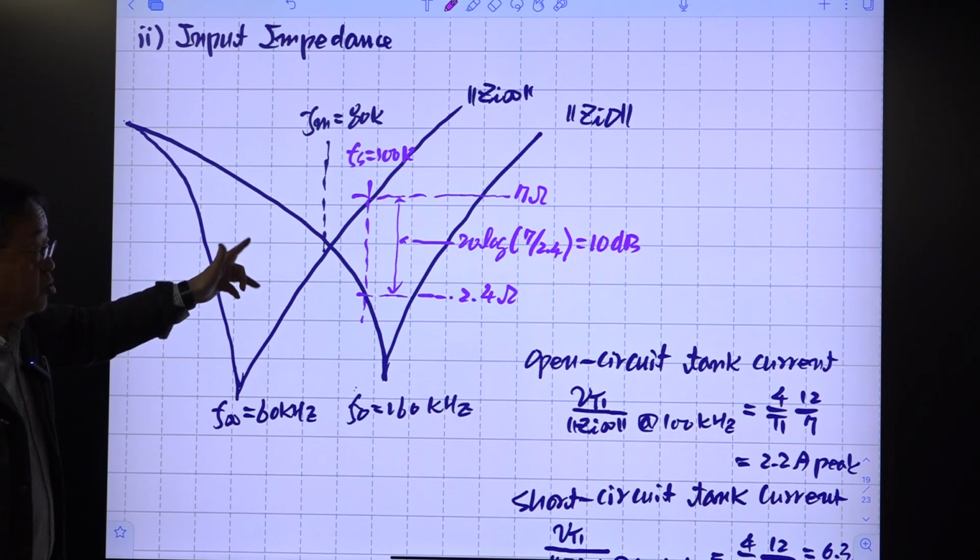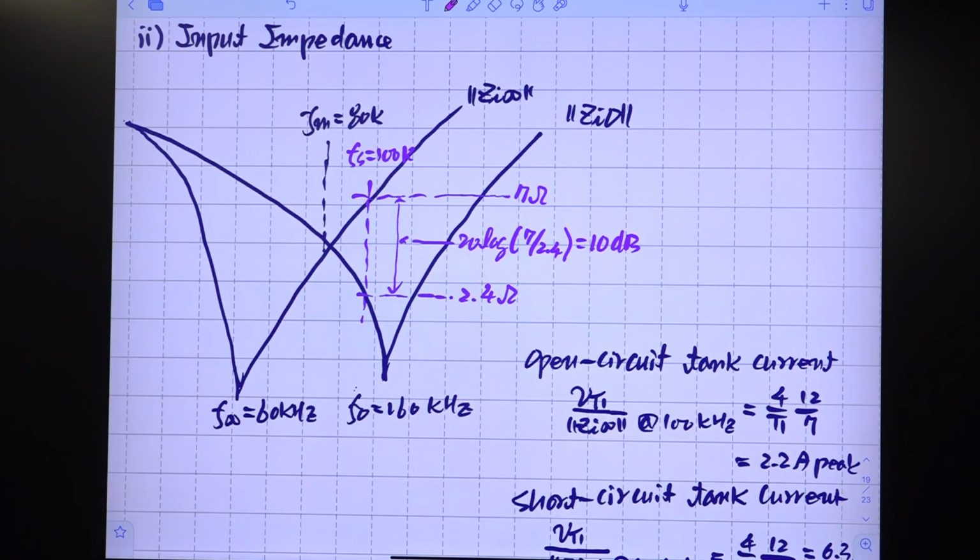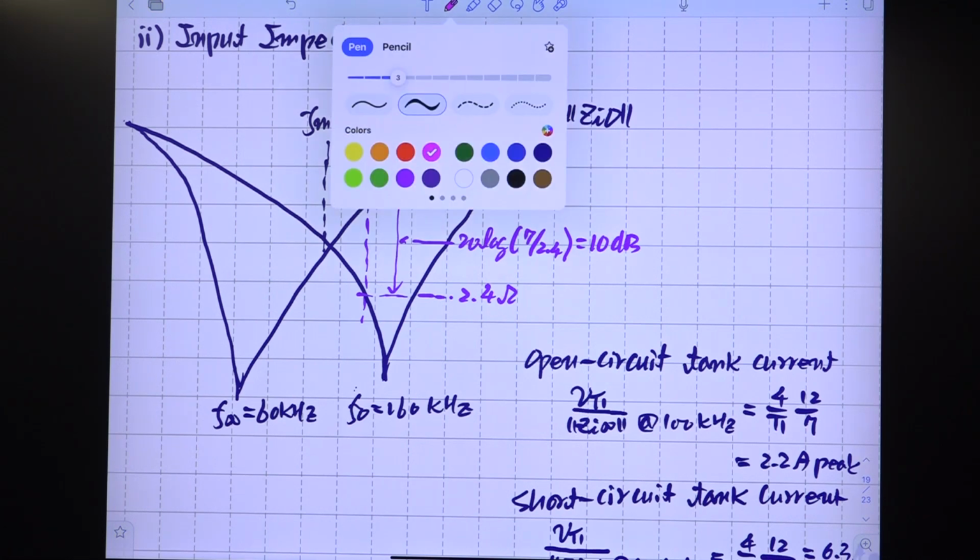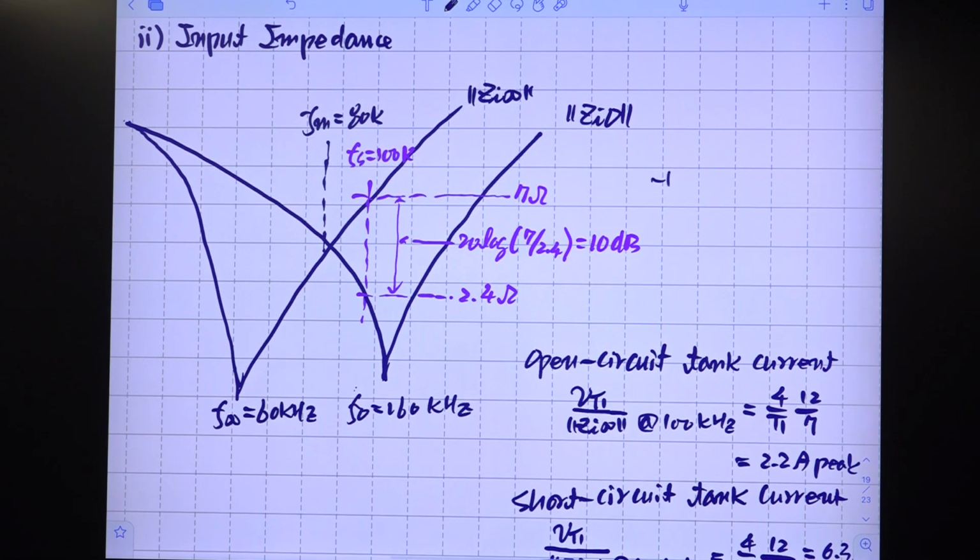This is very easy to evaluate because we have 3 reactive components and 1 resistor: one C, this is the LS, and LP, and we have effective RE, but this is shorted.